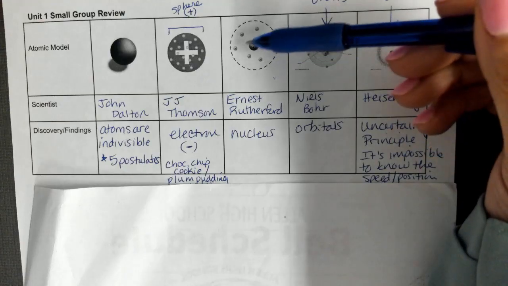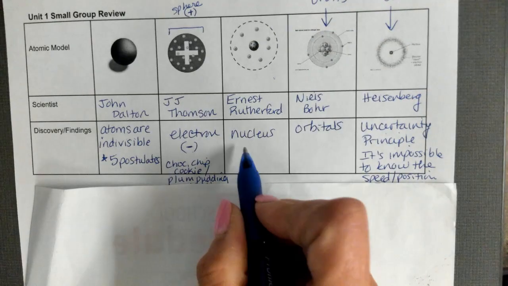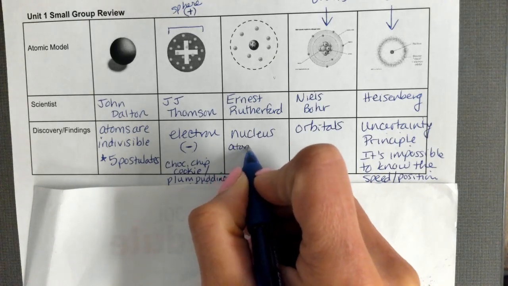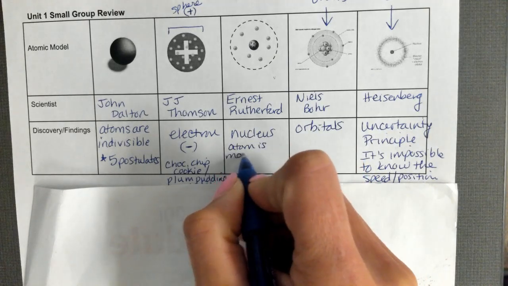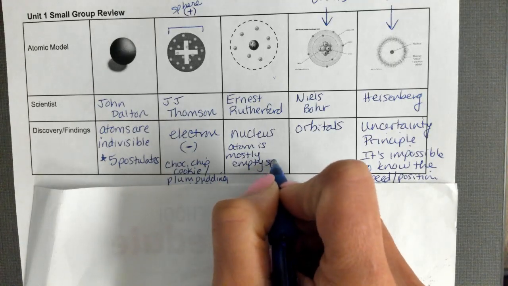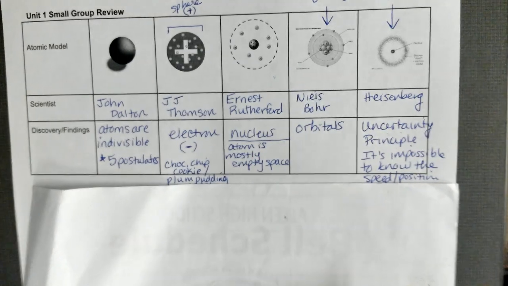So he discovered the nucleus. So what Ernest Rutherford stated is that we have a nucleus and that the atom is mostly empty space. Okay, so that's Ernest Rutherford.